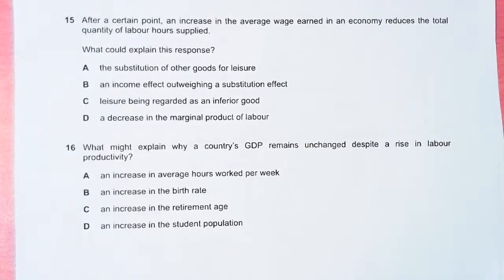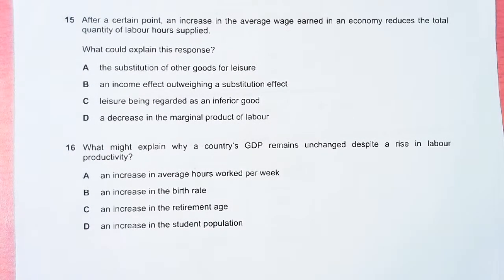After a certain point, an increase in the average wage earned in an economy reduces the total quantity of labour hours supplied. What could explain this response? This is really all about the backward bending supply curve of labour.